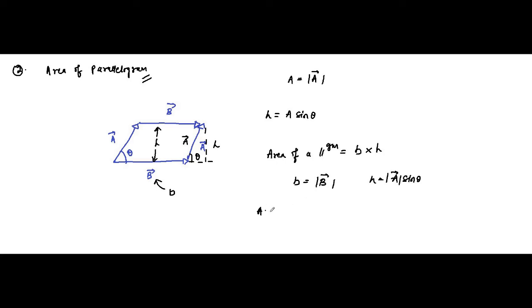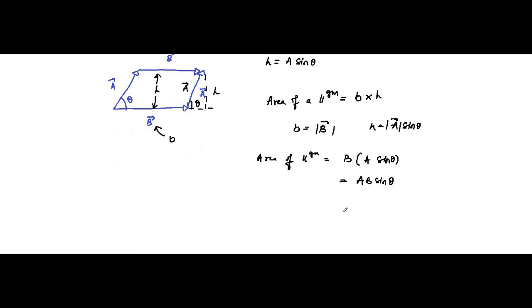So the area of parallelogram is equal to base into height, which is B into A sine theta, which is equal to AB sine theta.